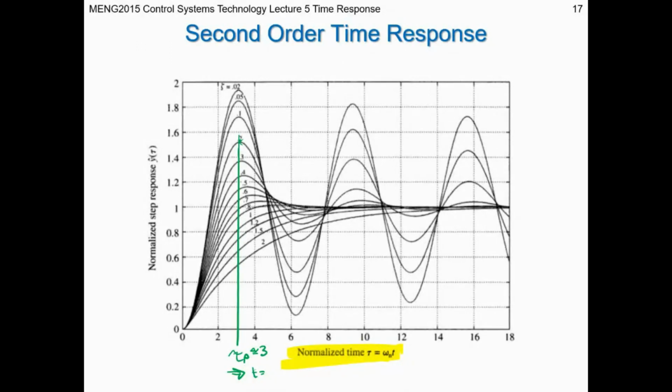Now, this tau is different to the tau we had before, which is your time constant. Confusing, but that's just how the nomenclature worked out here. So let's call it tau p equals 3. So Tp equals 3 over omega n. If omega n, like the system we looked at just now, is 3 radians per second, that implies Tp equals 3 over 3 equals 1 second, for a zeta of 0.2.